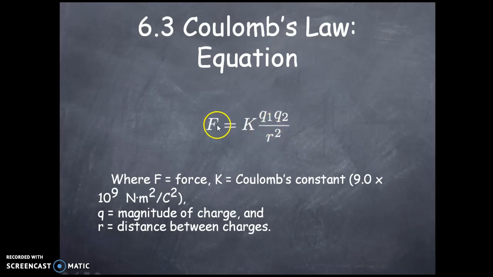Whenever you are trying to find the attraction or repulsion force, whether the charges are positive or negative, all you take is the magnitude of them. If they are both positive charges, it is a repulsion force. If they are both negative charges, we also call it a repulsion force. If one of them is positive and the other is negative, we call that an attraction force.